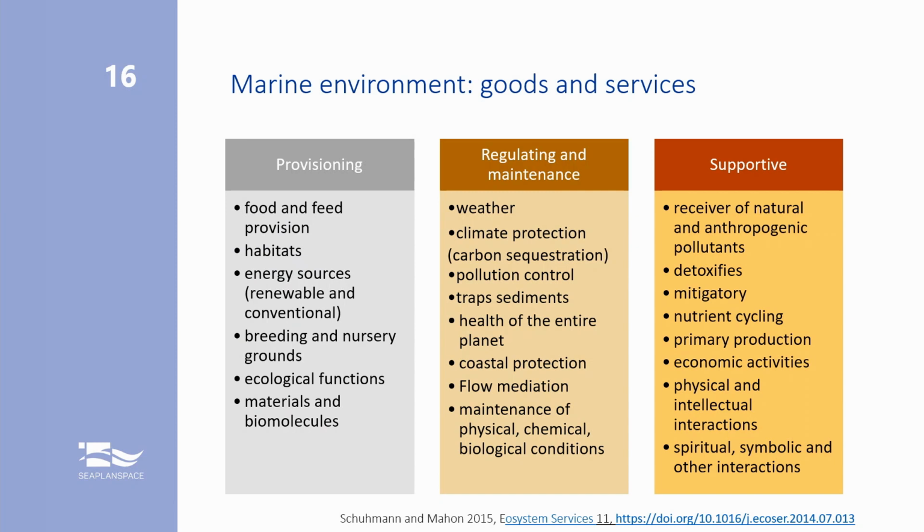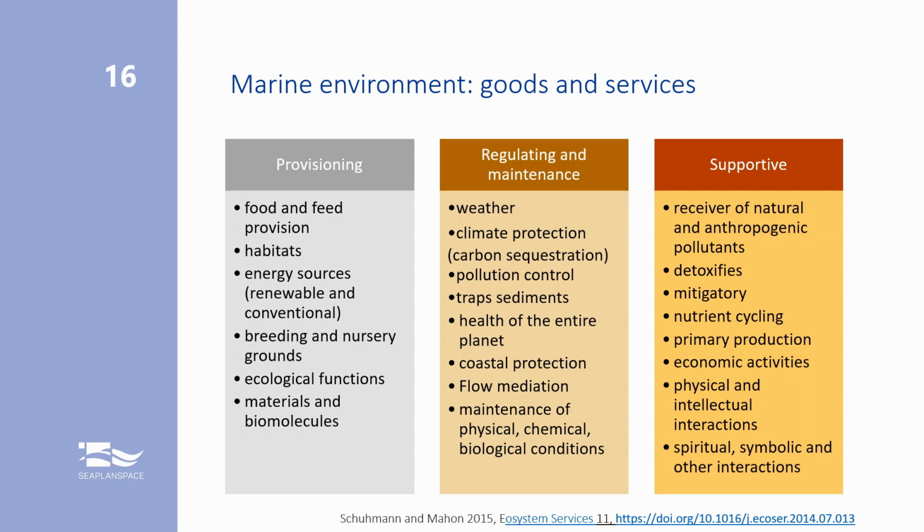So starting from general climate protection to regulating weather conditions, controlling pollution, trapping sediments, protecting coastal areas, flow mediation, or something like maintenance. And the maintenance includes various physical, chemical, and biological conditions.